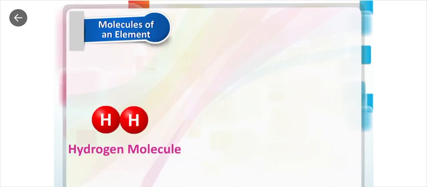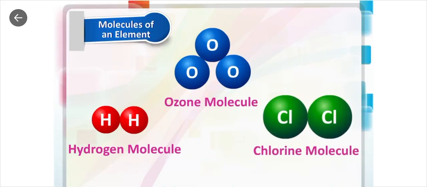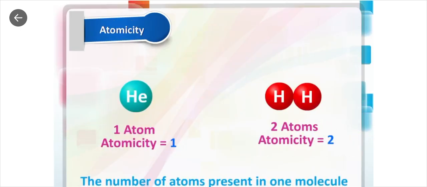For example, a hydrogen molecule is made of hydrogen atoms only. Similarly, an ozone molecule is made of oxygen atoms. Chlorine atoms constitute a molecule of chlorine. The number of atoms present in one molecule of a substance is known as its atomicity.